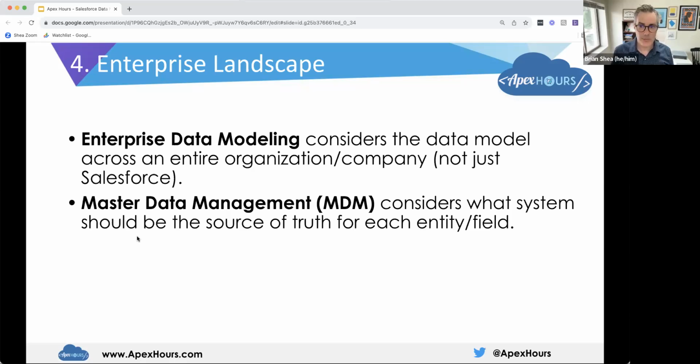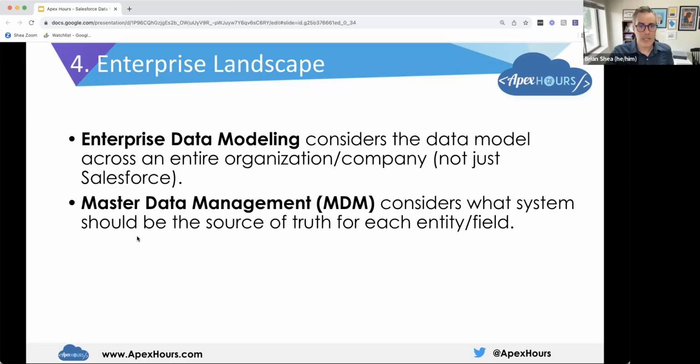And master data management is this concept of thinking about which system should be the source of truth for each entity or field, and the processes for keeping various systems synchronized and reducing redundancy between systems to make sure we've got accurate sources of truth.